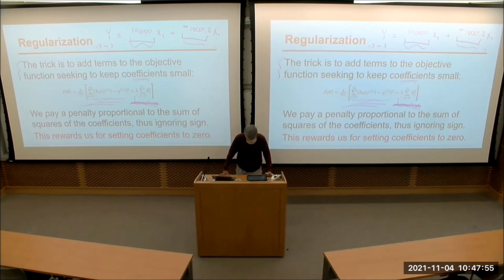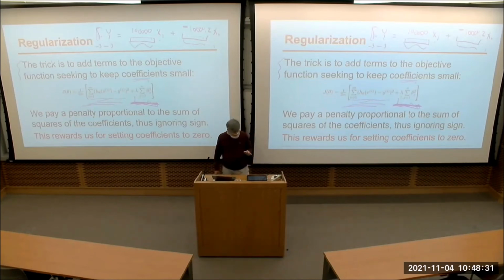Occasionally, in trying to find the absolute best model, if you leave the regression to its own devices, it will fit by having a very, very large coefficient times a variable, offset by taking another coefficient and subtracting it off, basically to make this thing lower.